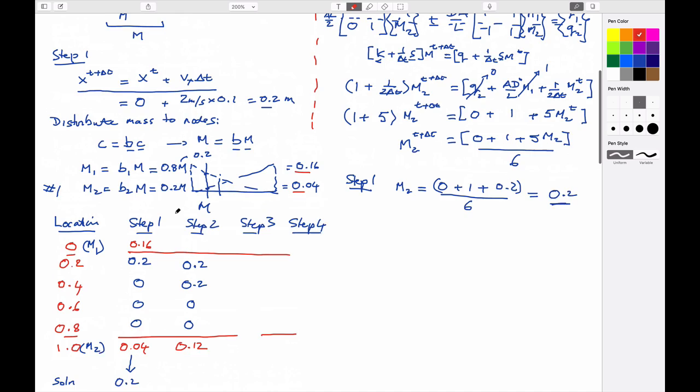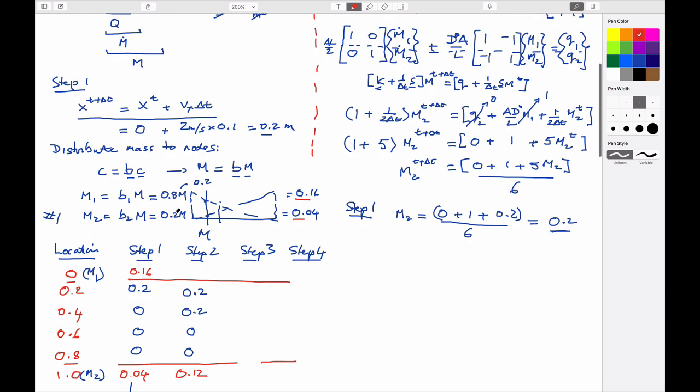So now we go back to the diffusion step, and we go to step 2. So the revised mass at that node is going to be equal to this recurrence relationship, 0 plus 1. So this is these terms. This term doesn't change, this term doesn't change, but this term has.